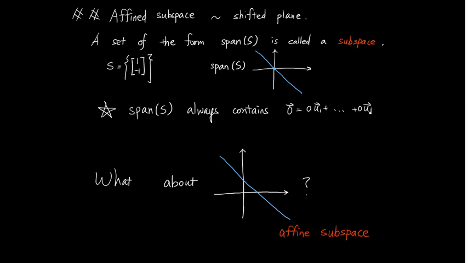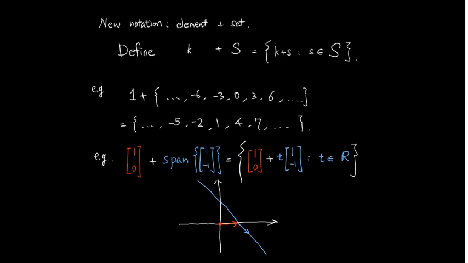Now the question is, how are we going to define such a structure? Before talking about that, we're going to talk about a new idea. We know how to do the addition of two numbers. But now if I give you a set, maybe the real numbers, or the set 1, 3, 4, and I give you another element, maybe just a number, then how are we going to add that?